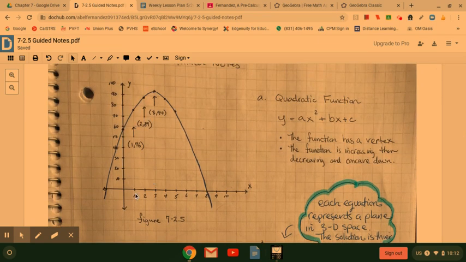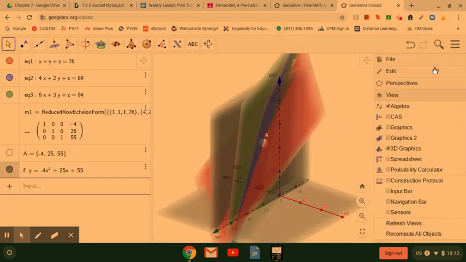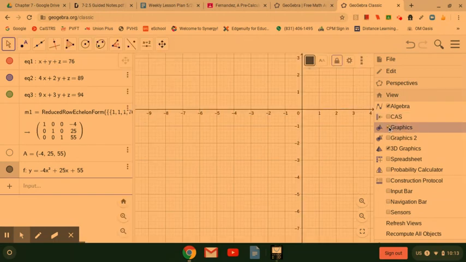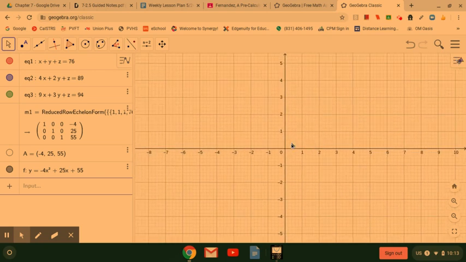Okay, and so let's look at the scale here. So now let's turn the graphics view on, and we're going to turn the three-dimensional graphics view off because we don't need that anymore. And there's nothing there. But yeah, our coefficients are pretty large.